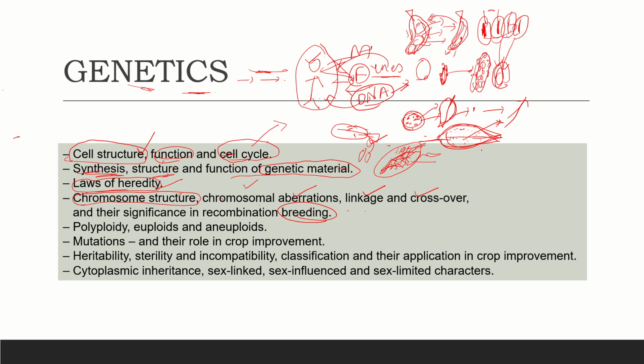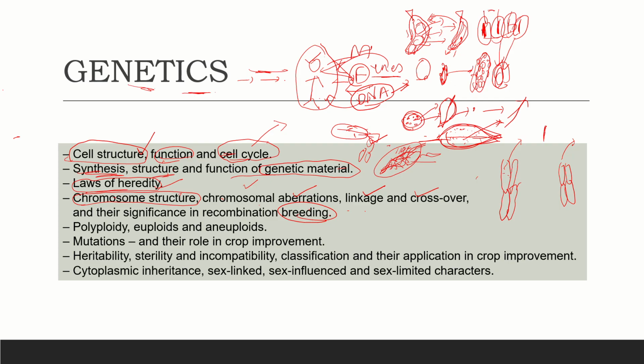For example, I'll tell you in a very simple way. This is a chromosome of one plant, and it has genetic material in it, the characteristics of one plant. And let us take the chromosome of a different plant. It has different characters.